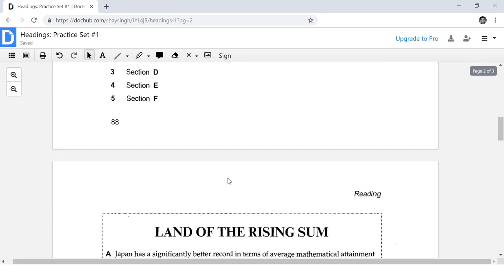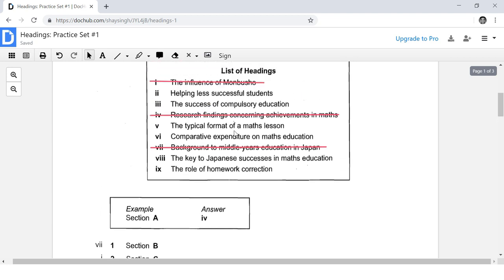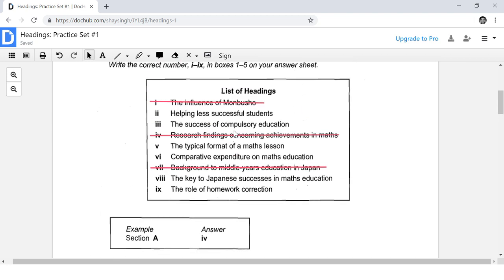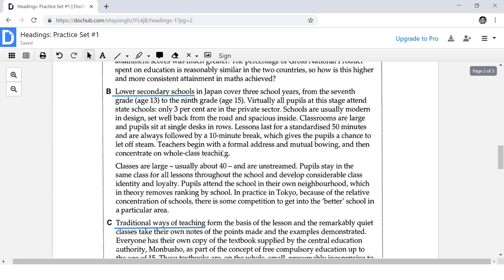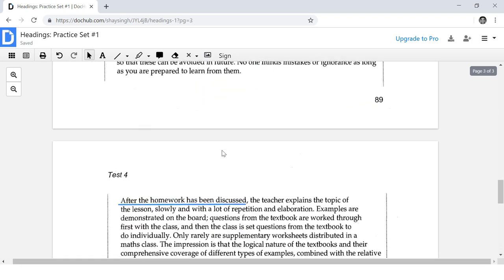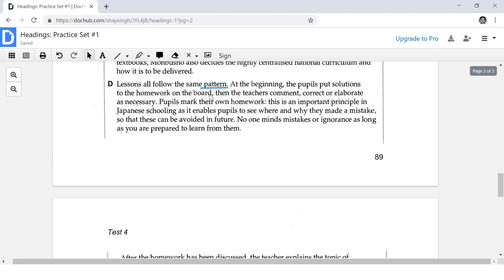So let's look at the answer choices here and let's see which one matches up. Okay, it says nothing about less successful students. It's not talking about success. Typical format. There we go. It's talking about a typical format of a maths lesson. That's our answer. It's talking about the format. Format means structure. So it's talking about the structure. For example, here you see how it's talking about the pattern.